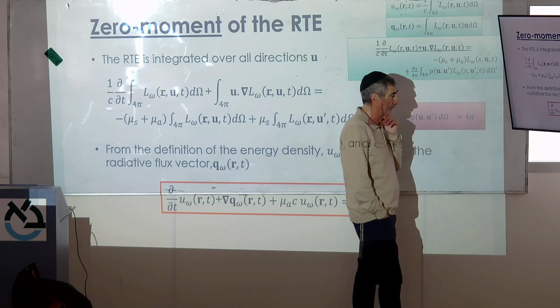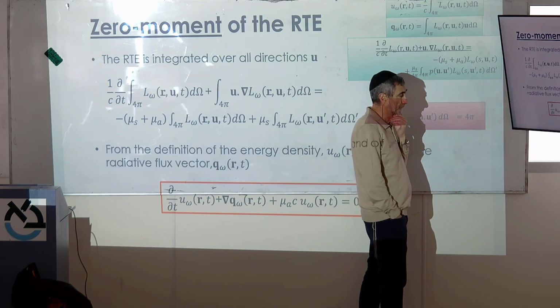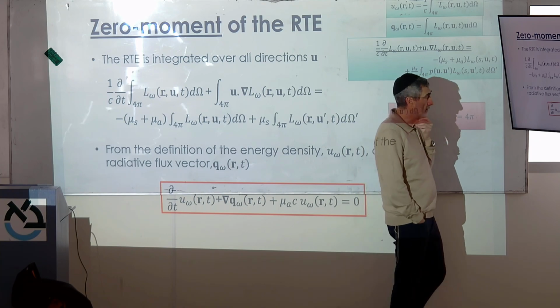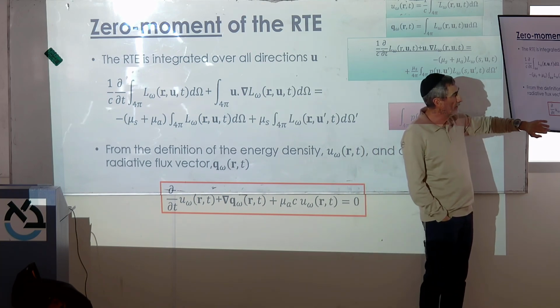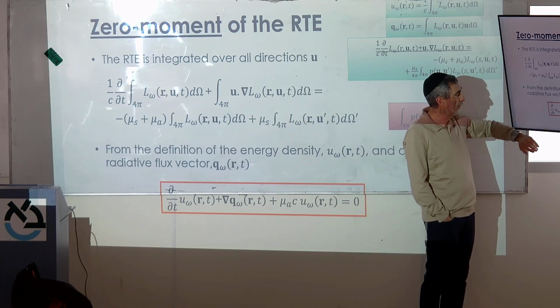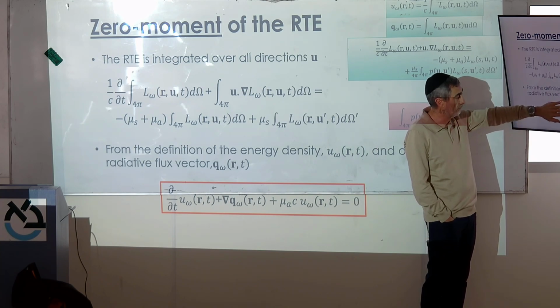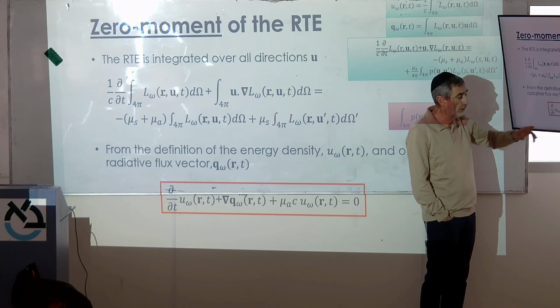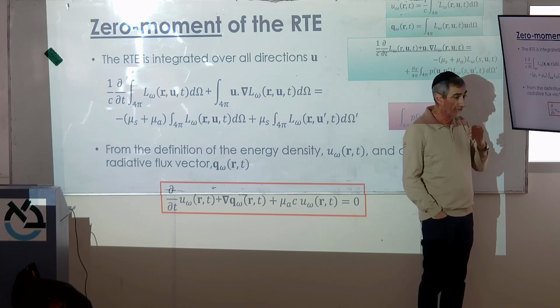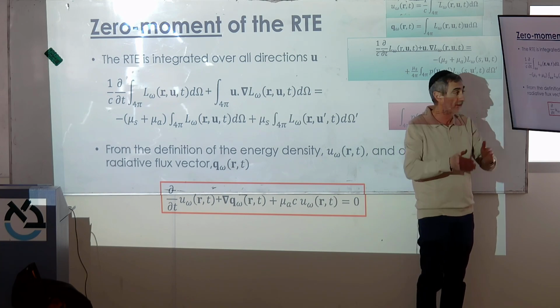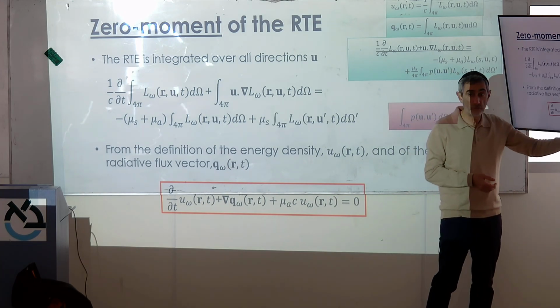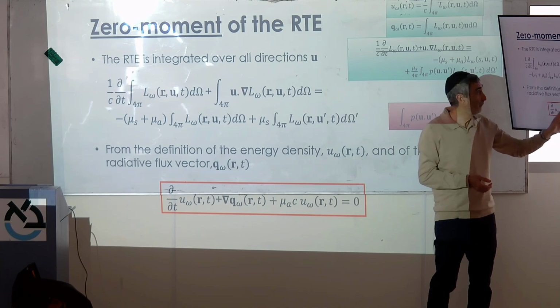So why is this energy conservation? Let's say we consider the stationary expression, we ignore the time variation, the steady state, the CW regime. What you get is the variation of q, of the flux. If there is a flux of energy, this is because you have a source of loss, you lose some energy, and the loss is due to absorption.